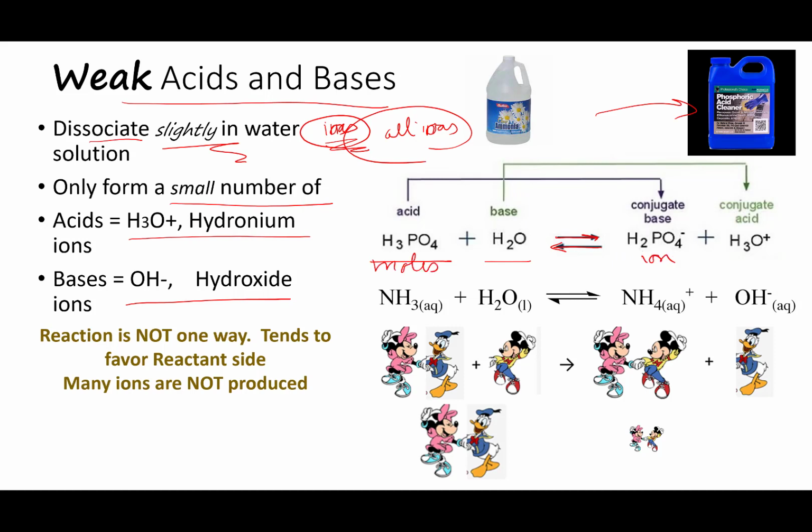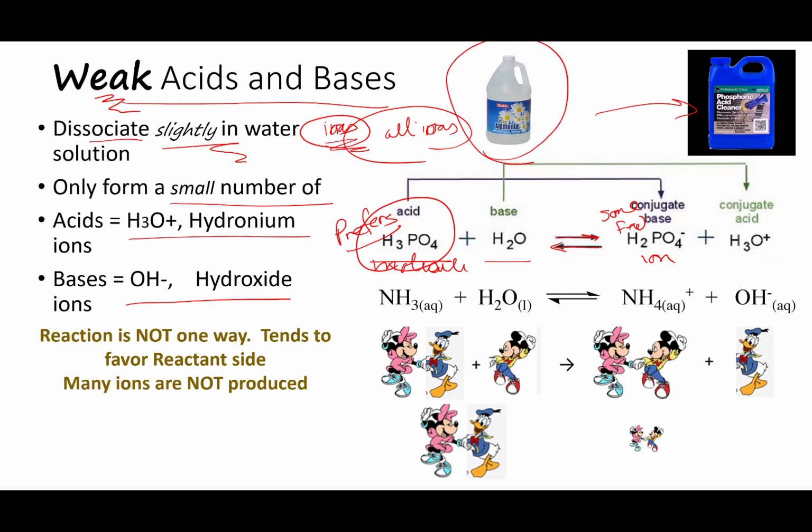Well, there is a preference, and the preference in this state is it prefers to be a molecule. It will produce some, but darn few ions. And because it produces some, but darn few ions, this is going to make it a weak acid.